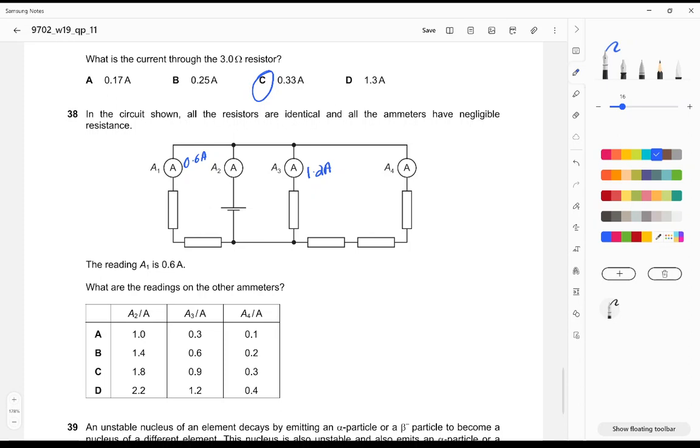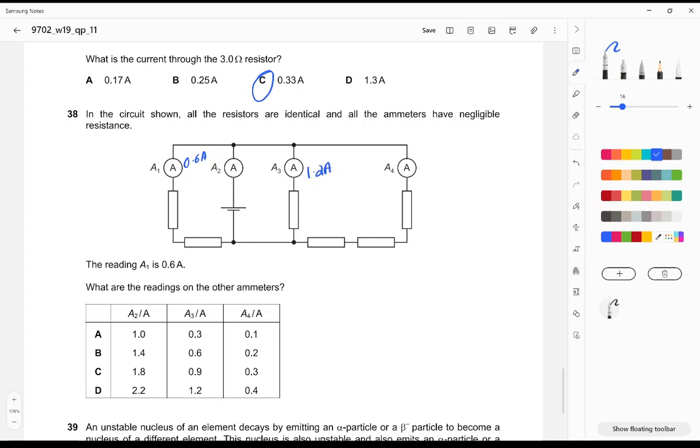We have 0.6 when we have two resistors in series, and if we have three resistors in series, the current is going to be further decreased. So A4 should be lower than 0.6. But let's just work this out.